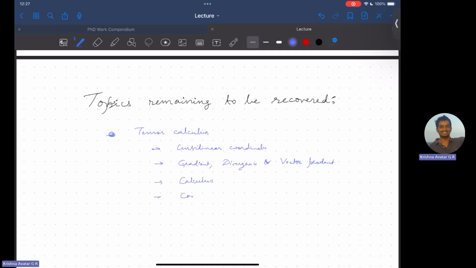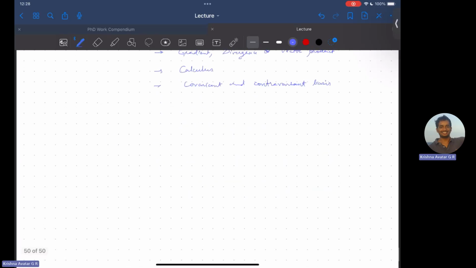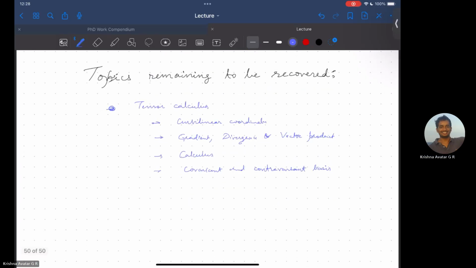Then we look at covariant and contravariant basis functions, then we look at Christoffel symbols.